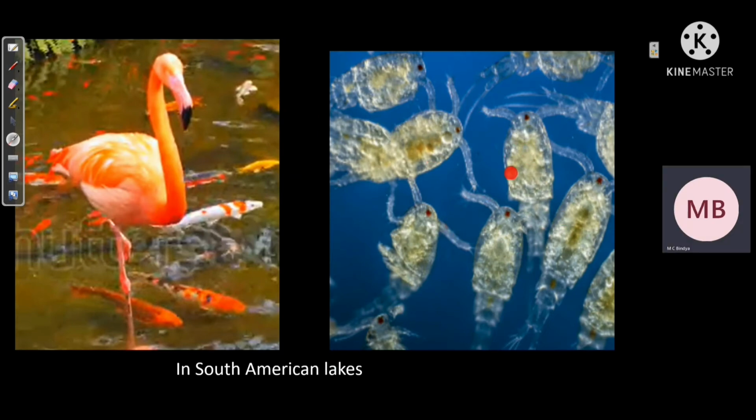There are different zooplanktons. So both of these species, the flamingo as well as the fishes living there, compete for the same resource, which means that competition happens between two different species also.